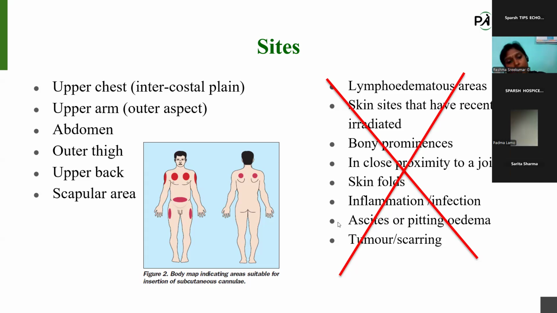Then the abdomen we can choose for subcutaneous infusion, the outer thigh, upper back and scapular area. These are the areas we are choosing for the subcutaneous infusion. And sites contraindicated for subcutaneous infusions are if the area is having lymphedema.